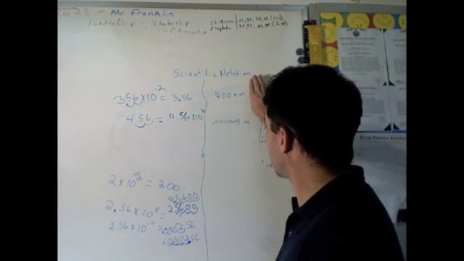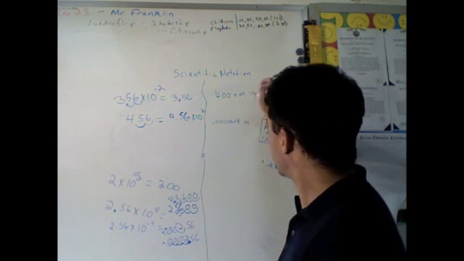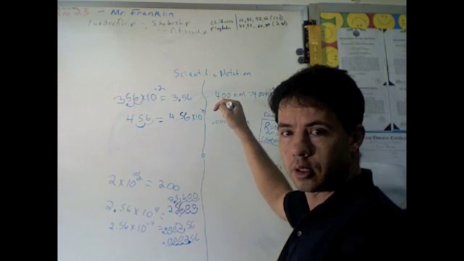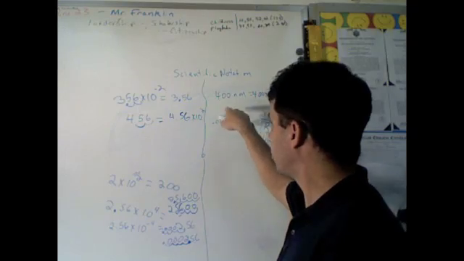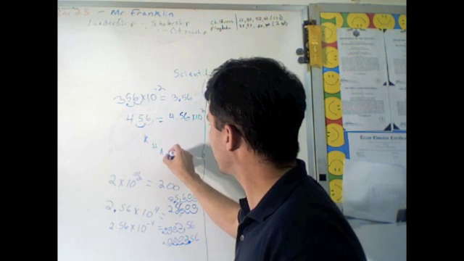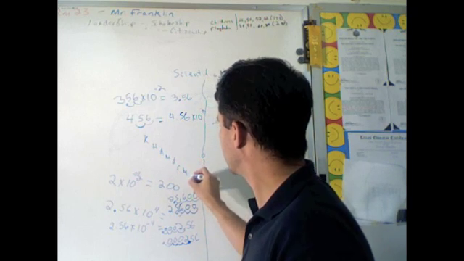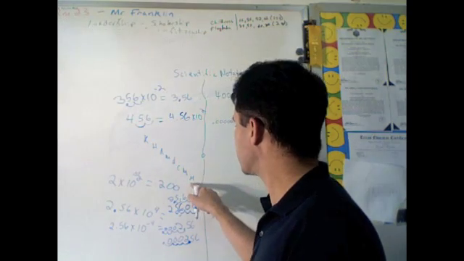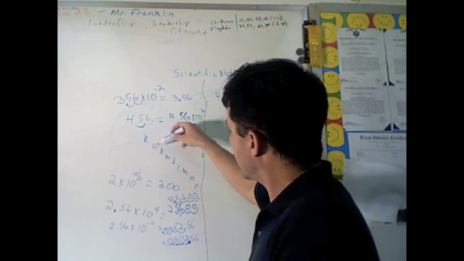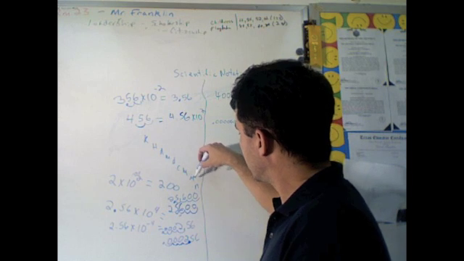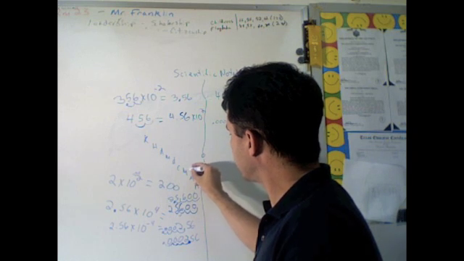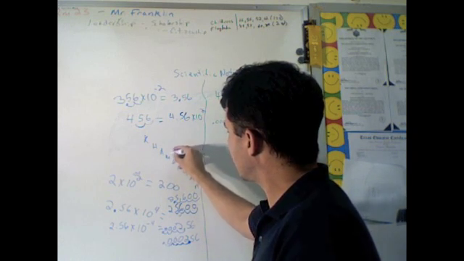In fact, if we used our conversion from the conversion video, we would take our nano, King Henry died Monday drinking chocolate milk, and then micro and nano. So 1, 2, 3, 4, 5, 6, 7, 8, 9.